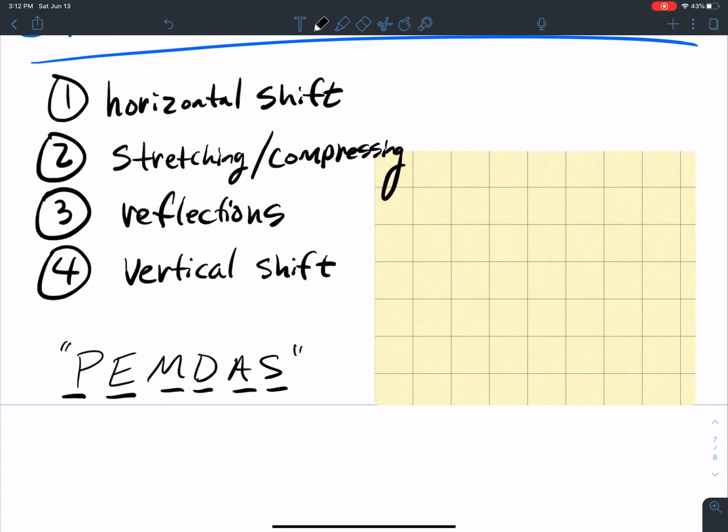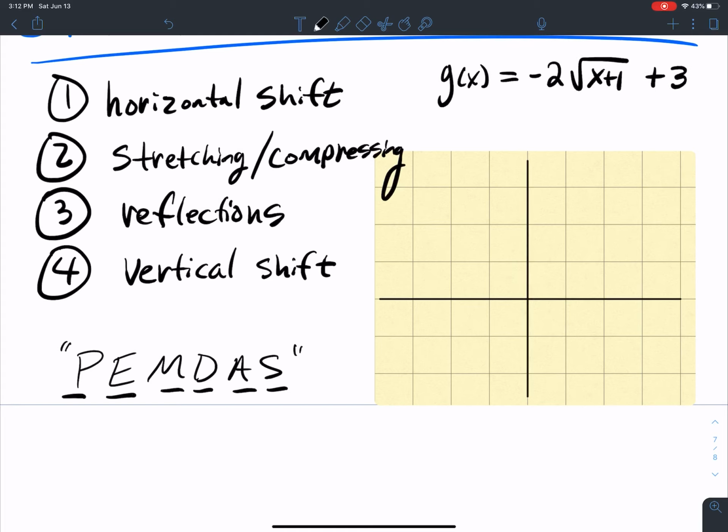So what I'm going to do is try to graph this. Here we go. I've got g of x equal to negative 2 square root of x plus 1, plus 3.